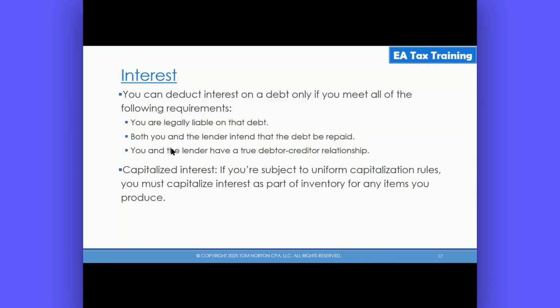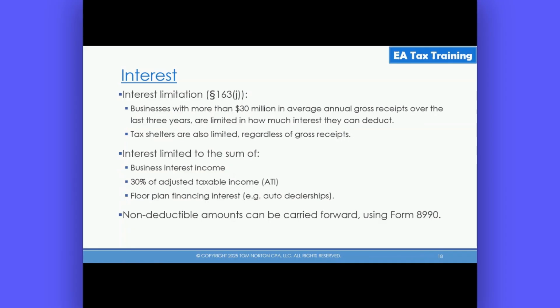Also, capitalized interest. If you are subject to uniform capitalization rules, remember we talked about that for inventory, you must capitalize interest as part of the inventory for any items that you produce. And you're going to see this as a recurring theme on these slides. Many of these expenses could be subject to the UNICAP rules. There's also, for interest, a limitation called a 163J limitation.